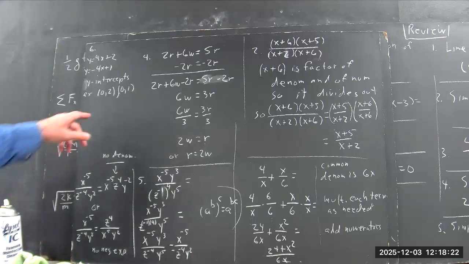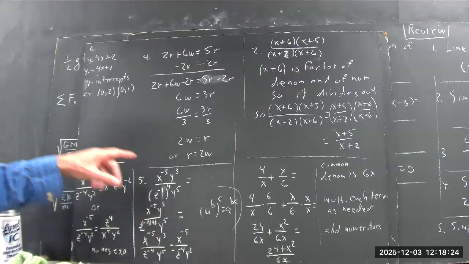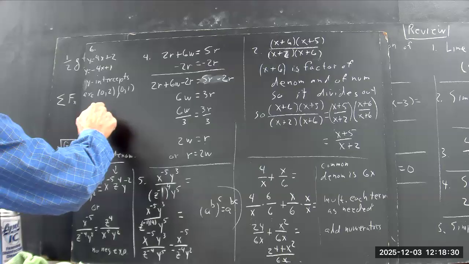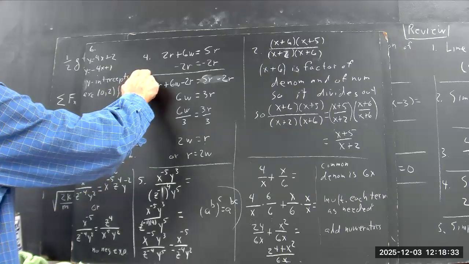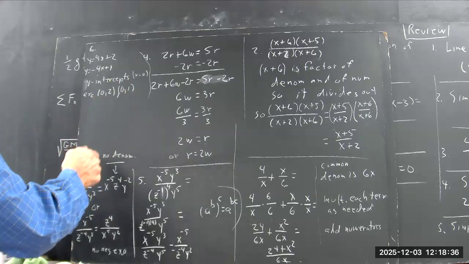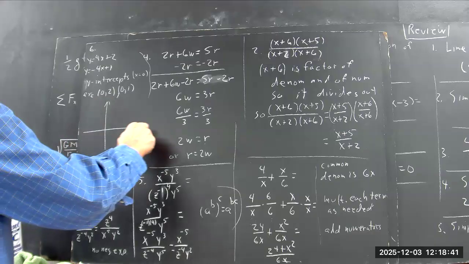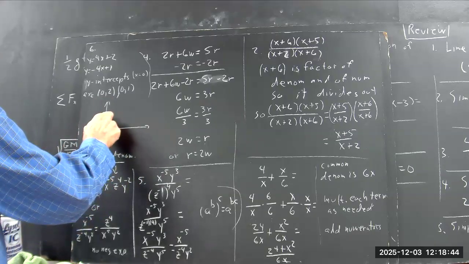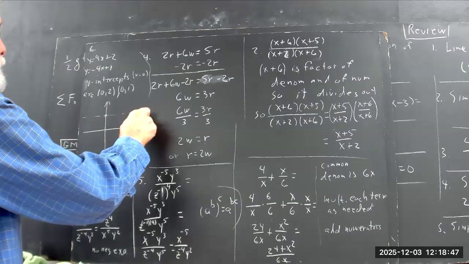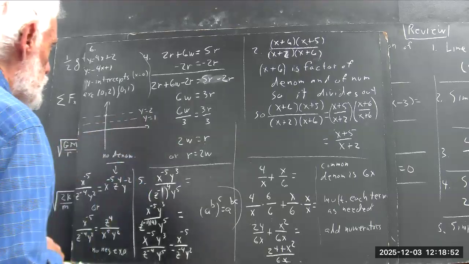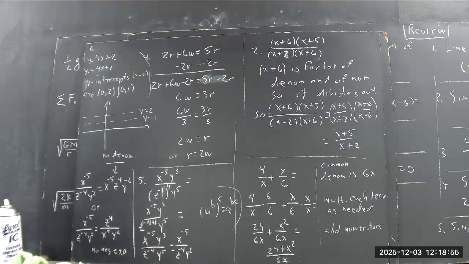Your y-intercepts are at 0, 2, and 0, 1 because the y-intercept occurs when x equals 0. All right, x equals 0 in parentheses there. Then the x-intercepts occur when y equals 0.